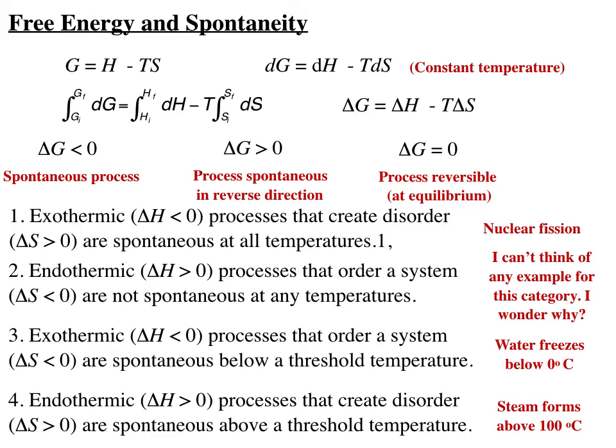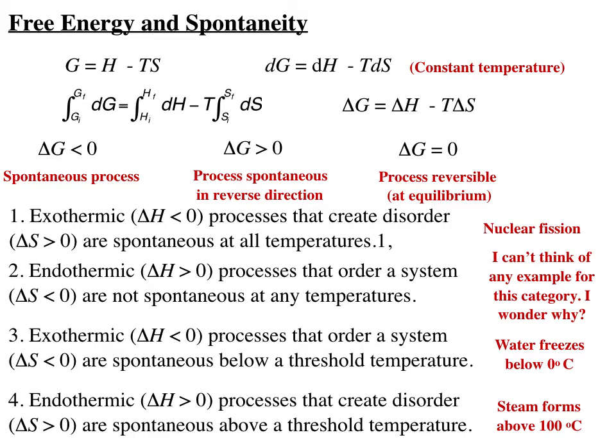So in our third case, an exothermic process that creates order in the system, the delta H term is negative, but the minus T delta S term is positive. If I want the overall delta G to be negative, it's only going to happen when the delta H term is more negative than the minus T delta S term is positive. So that will only occur below a certain threshold temperature.